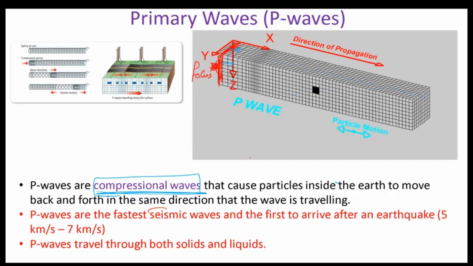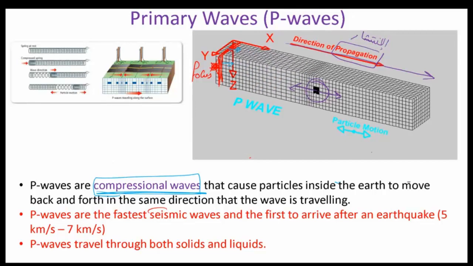What I need you to know is the wave moves in this direction. This is called the propagation direction. Take care of the name. Propagation direction. اتجاه الانتشار. The vibration of any point is back and forth, and it's parallel to the propagation direction.